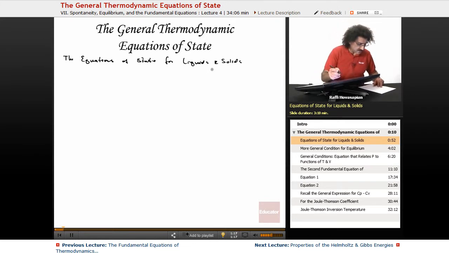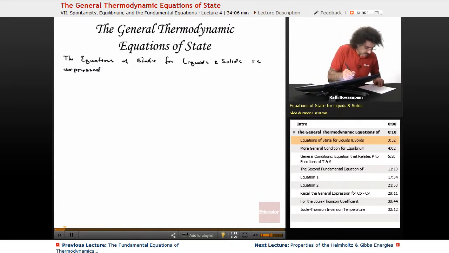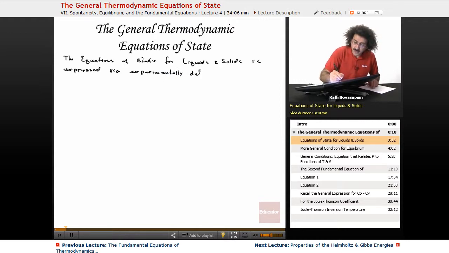So the equation of state for liquids and solids is expressed via experimentally determined coefficients.